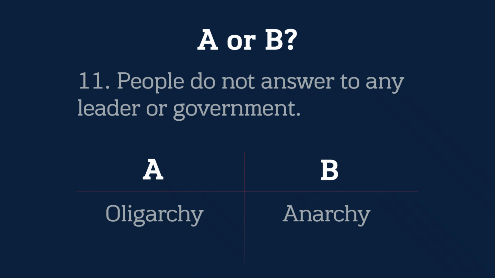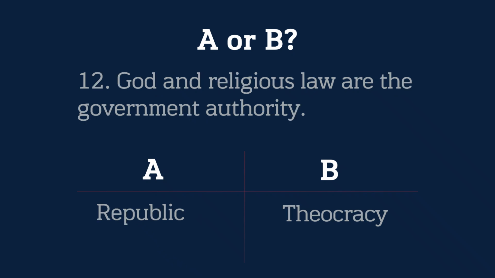Is it A, oligarchy, or B, anarchy? Last question, number 12, God and religious law are the government authority. Is it A, republic, or B, theocracy?